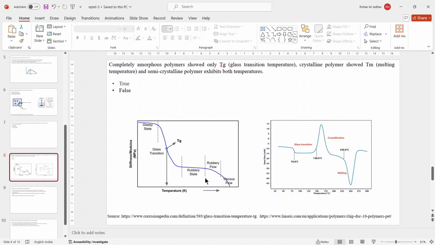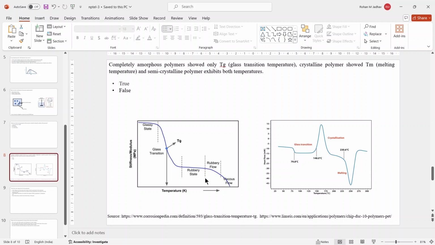Amorphous polymers only show Tg because the chains are already not arranged in proper fashion, and their secondary forces, which are involved in close packing of the polymer chains, are not active at all. So if you increase the temperature, they will start flowing readily, and you will have a Tg.